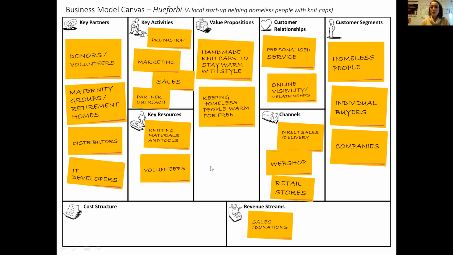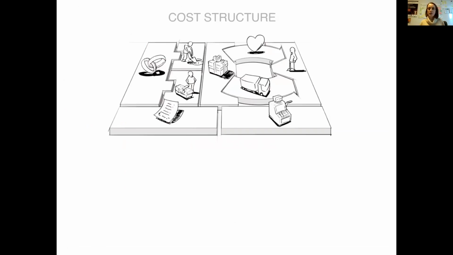I will continue with our simplified model, just only focusing on the market caps. So cost structure, which completes our big picture. Cost structure describes all the costs incurred to operate this business model, all the costs that we can think of.